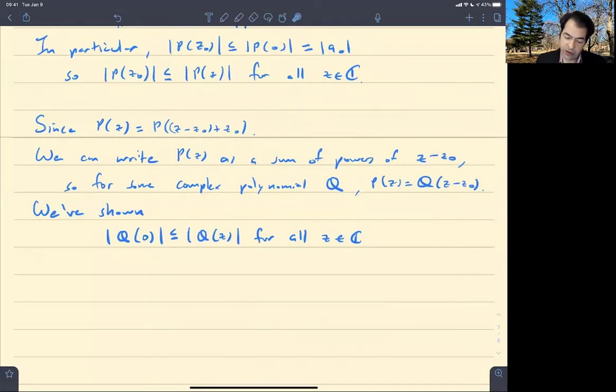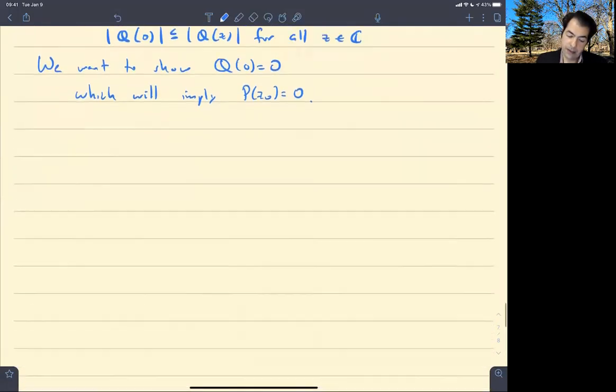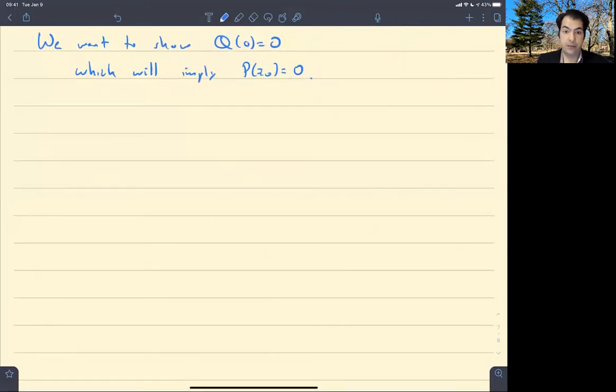So this is just the same statement we had for p. I've just translated it into a statement for Q. Now we want to show Q of 0 is equal to 0, which will imply p of z naught is equal to 0. Okay, so we've translated things to Q, and we just want to show that Q of 0 is equal to 0.